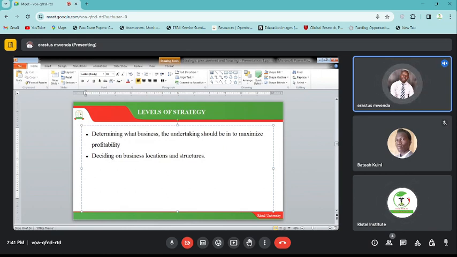Now, examples of strategies that we can adopt for cost leadership, we have what we call lean manufacturing techniques. For example, something we call just in time, JIT. I would like you to read about that concept.